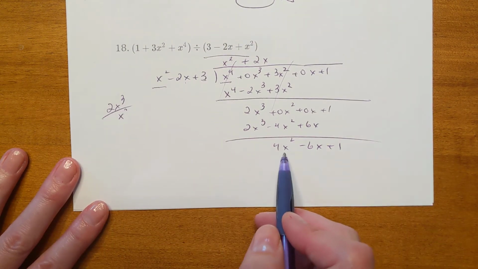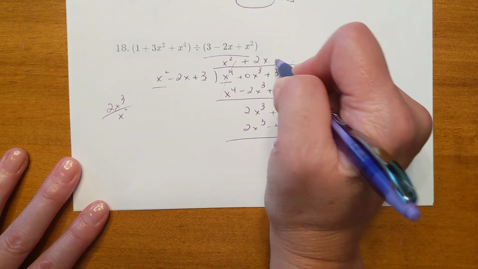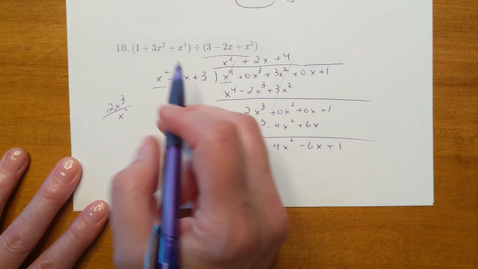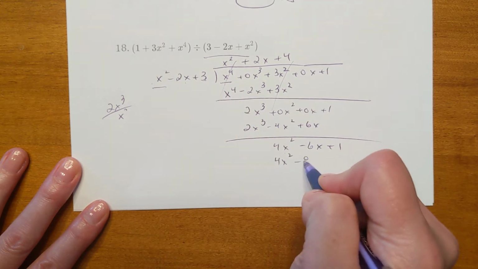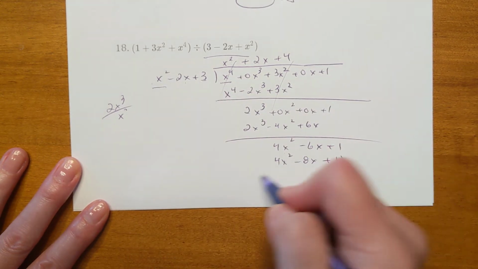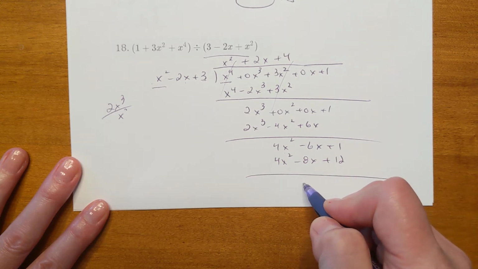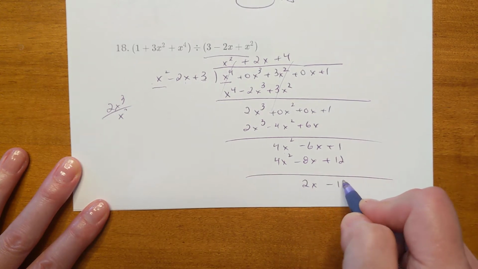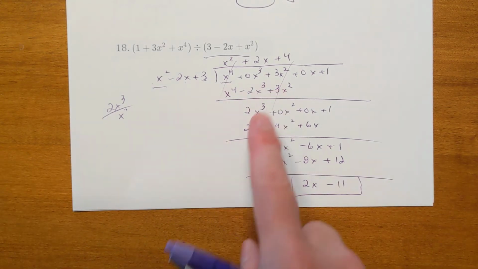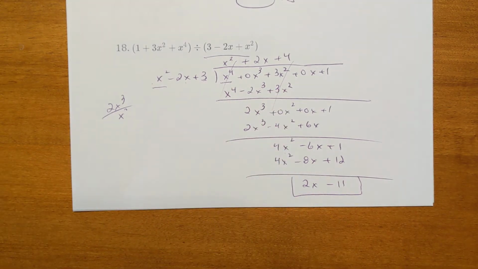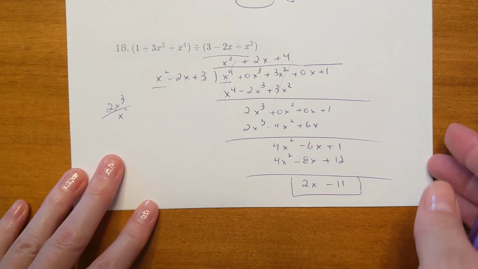So to get 4x squared from x squared, that'd be plus 4. Multiply by 4. And then subtract, and that gives you 2x minus 11. So that has a remainder. So since it didn't go into it evenly, there's a remainder, and it's not a 0 of it.